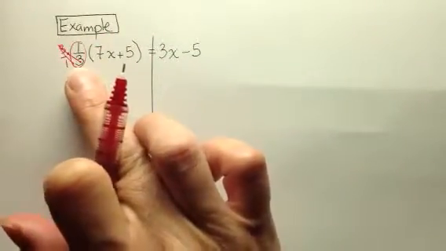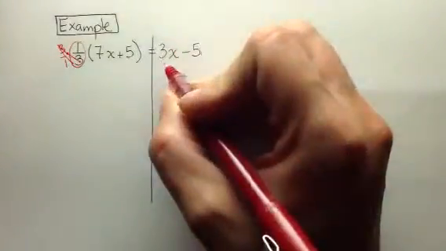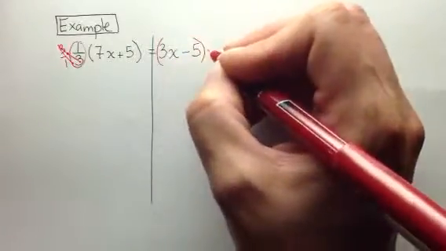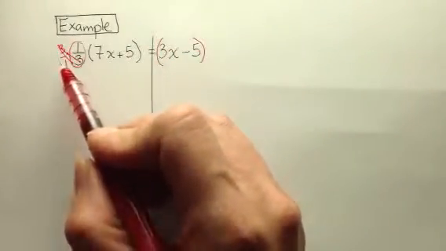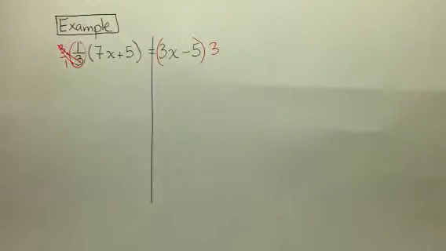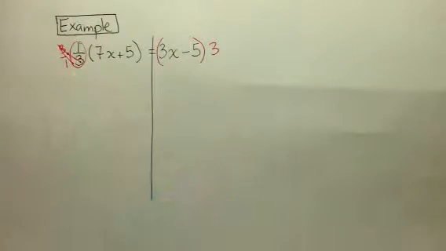By multiplying by 1/3, I am doing the whole left side. Now when I come over to the right side, I have to be careful because I'm going to multiply this whole side by 3/1. Now 3/1 is just 3. So what I've done here is I've gotten rid of my fraction. Yay! So let's go ahead and multiply this out.